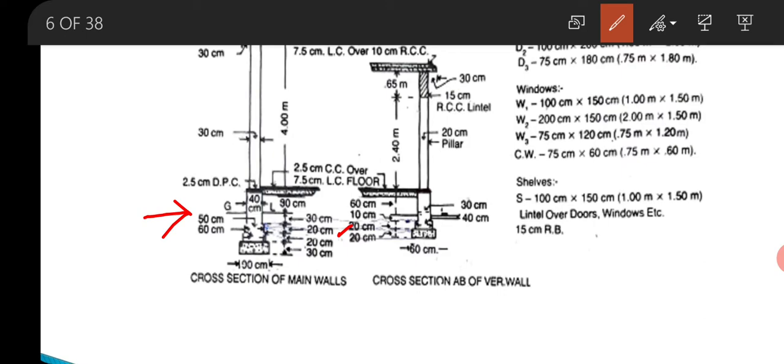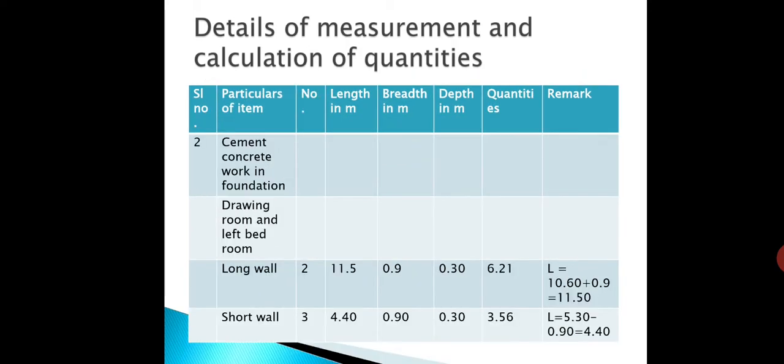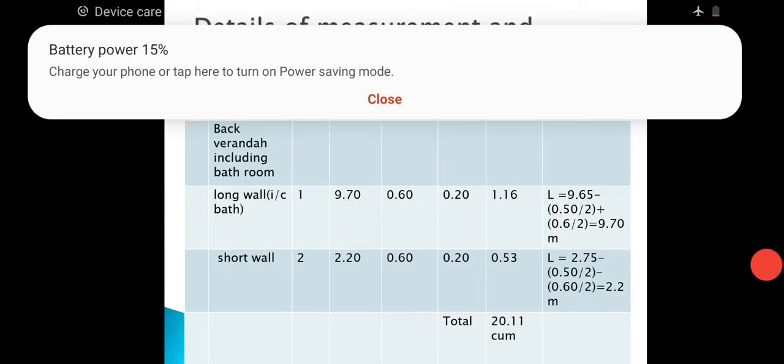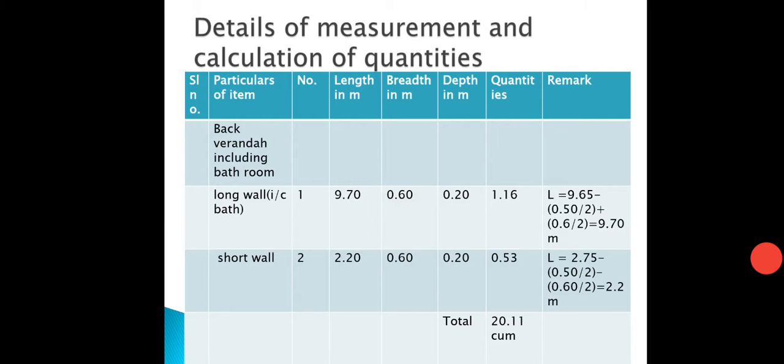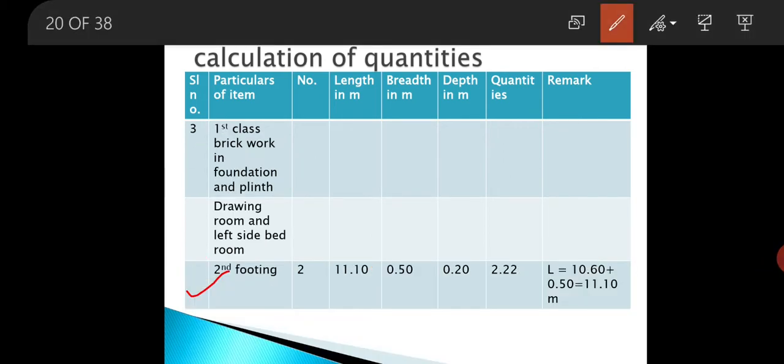Okay. So with the center to center length we will add. So second footing, see, number will be 2 as we are doing the long wall calculation.